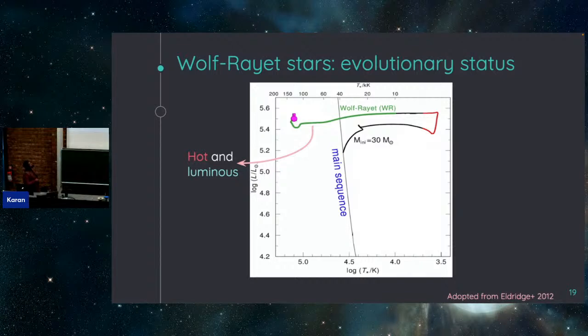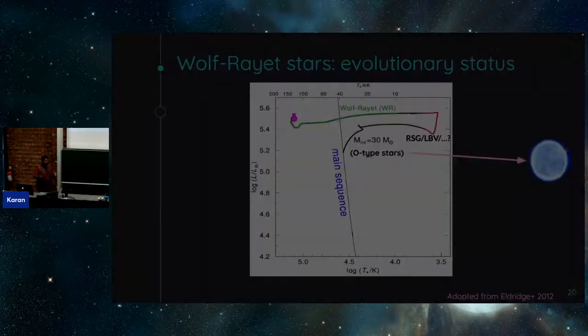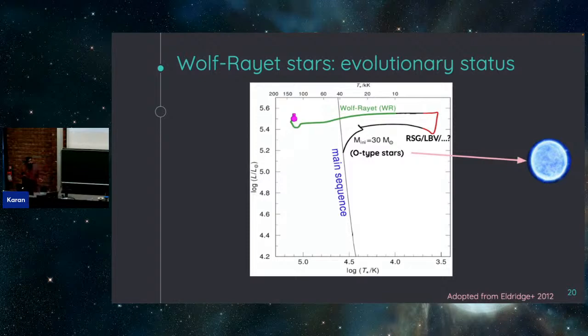We are following the evolution of a 30 solar mass star. So initially it had a mass that was 30 times the mass of our sun, and we call these O-type stars. When it evolves to the right of the diagram, it becomes cool and still luminous. So the star expands, and at some point through some mechanisms which are still hotly debated, it sheds its envelope.